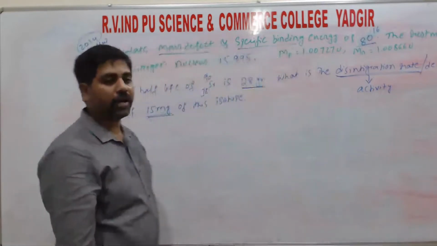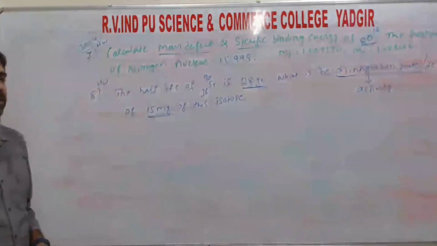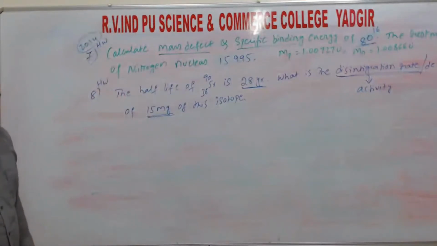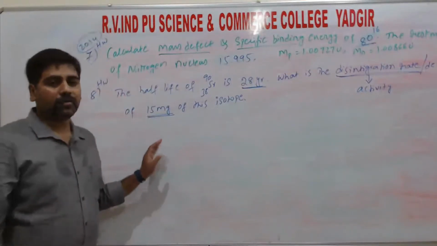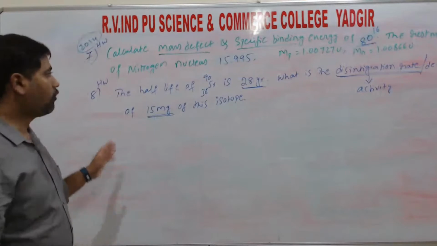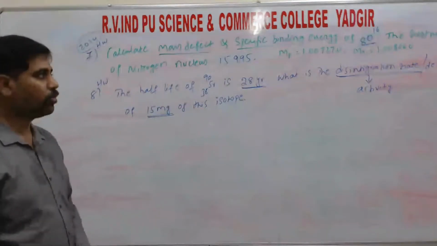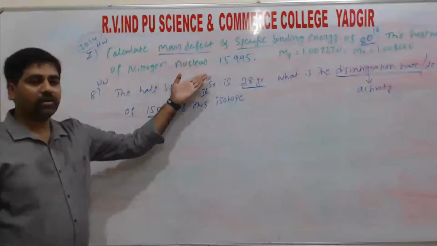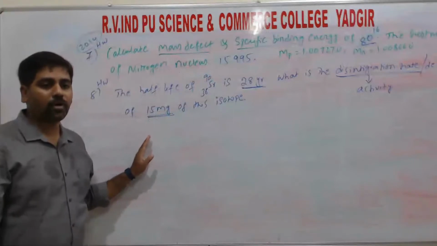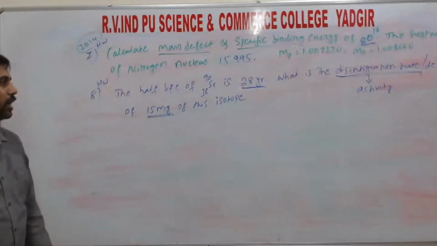That means we need to find R, right? So practice these problems, because these are very important and they ask for 5 marks. Easy problems, because all the data they give we directly substitute in the formula and simplify, right?